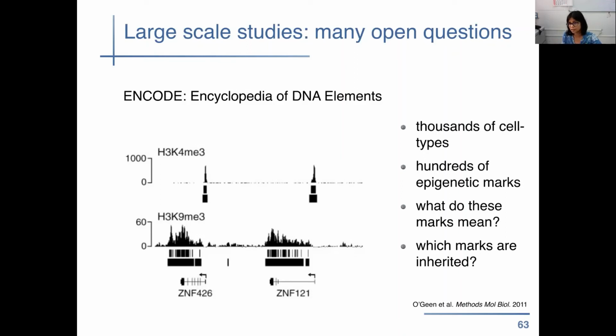Now there are many open questions based on these large data sets as to what these marks mean, how they control disease versus non-disease states, whether these marks are inherited, and so on. These and many other questions are being attempted to be solved at NCL by many different scientists.